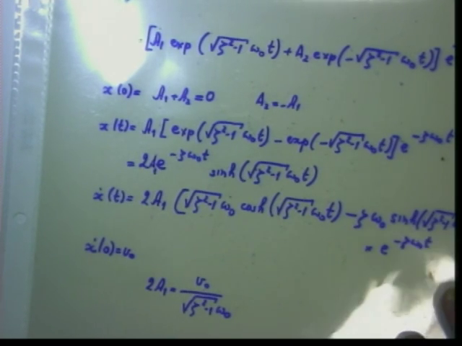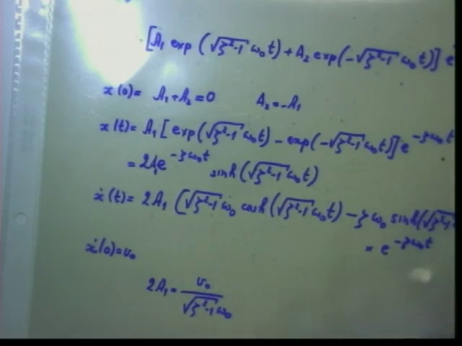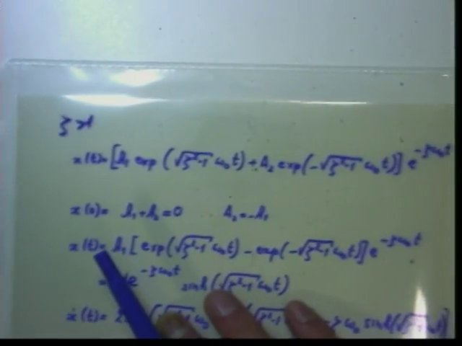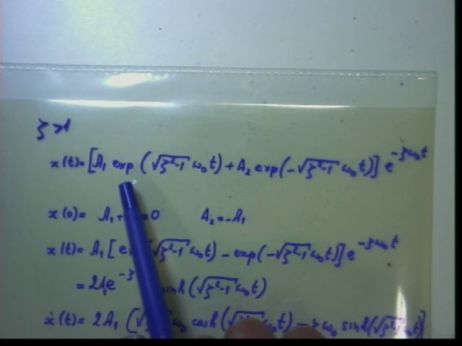So, zeta greater than 1. x of t equals this long expression. As you see, to be an engineer a person should have patience.